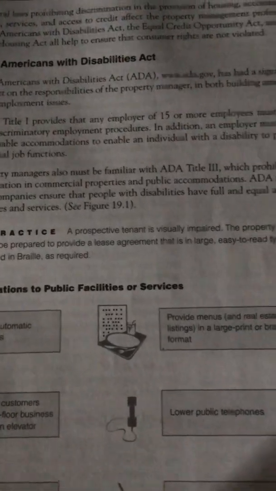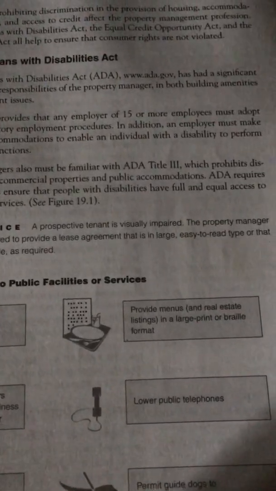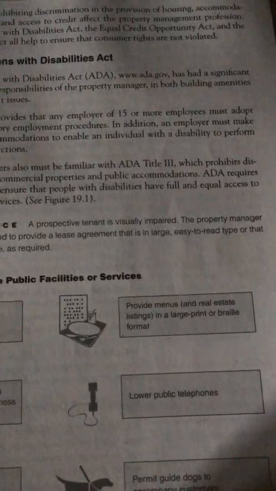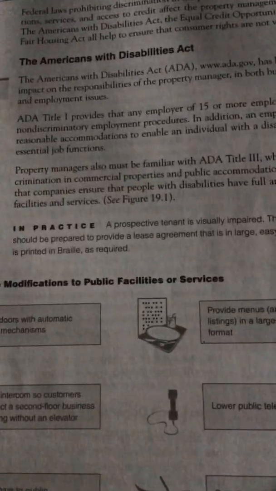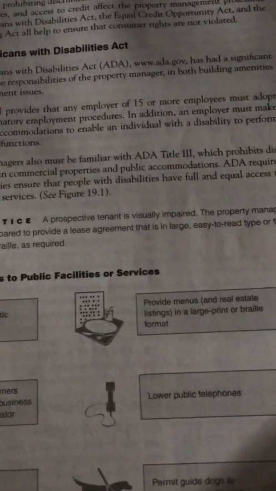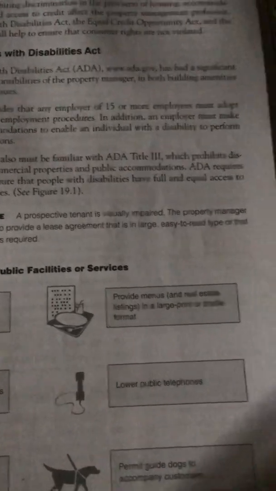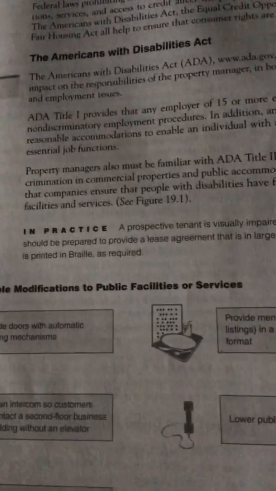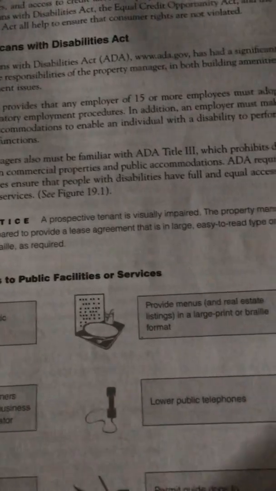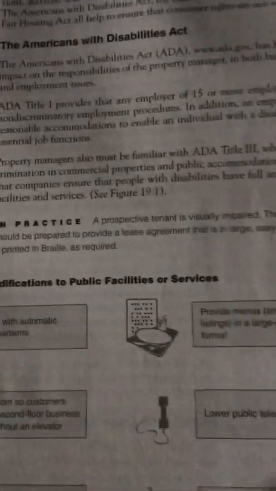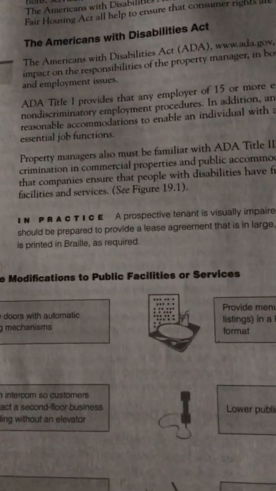Property managers also must be familiar with ADA Title III, which prohibits discrimination in commercial properties and public accommodations. ADA requires that companies ensure that people with disabilities have full and equal access to facilities and services.